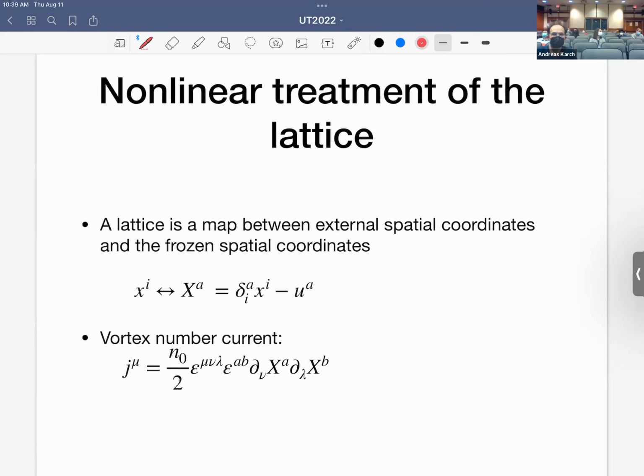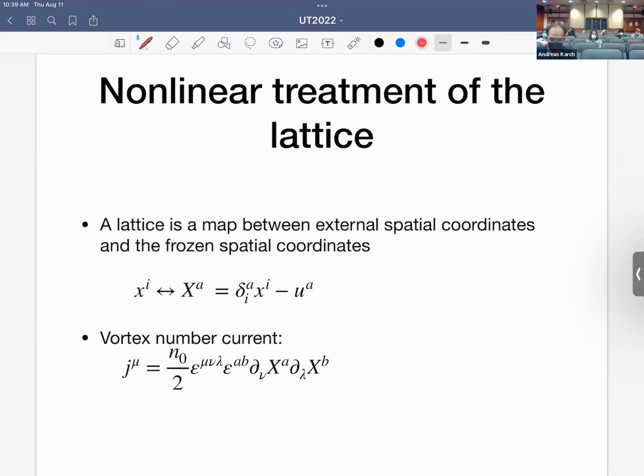Okay, so very quickly, what we are trying to do next is to understand a nonlinear treatment of the problem. We want to include in the theory nonlinear effects like the nonlinear elasticity effect.